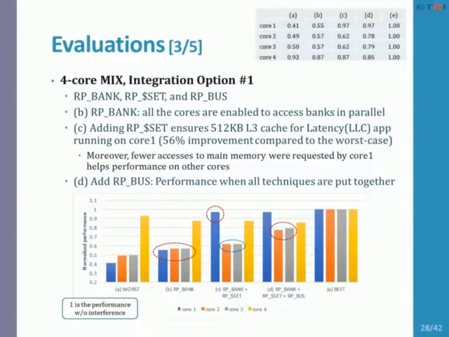So if there is no contention, accesses to the data will end up as L3 cache hits. But due to the contention, the data is evicted, so it degrades the performance a lot, but we can improve the performance with cache partitioning. At last, we add the memory bus partitioning. This is the performance when all techniques are put together.